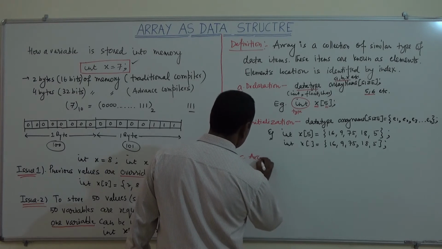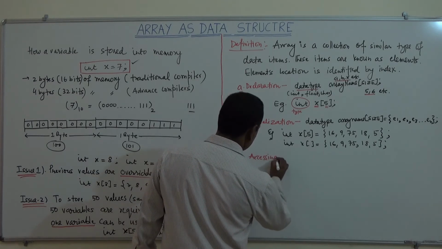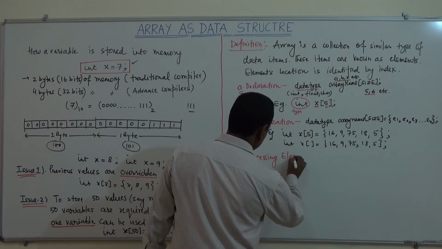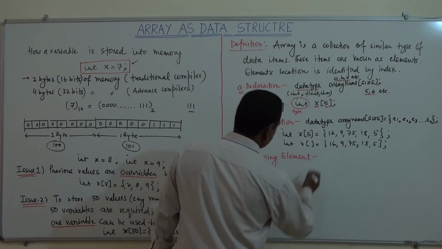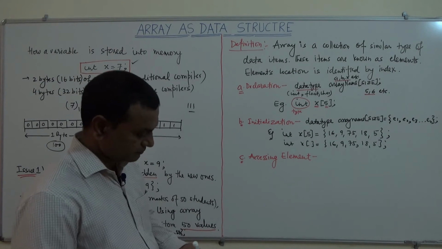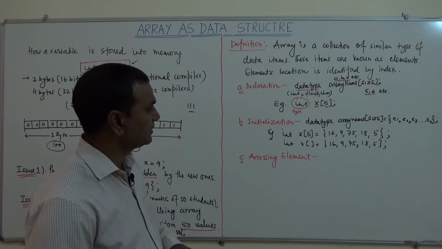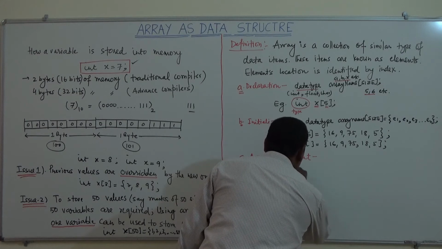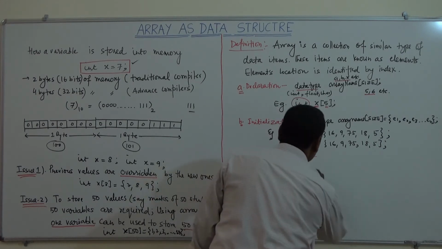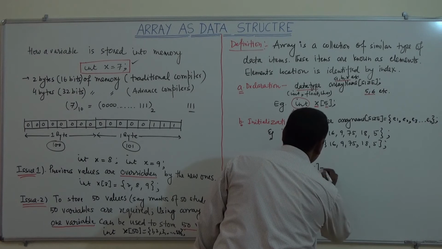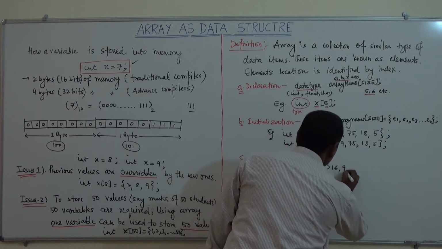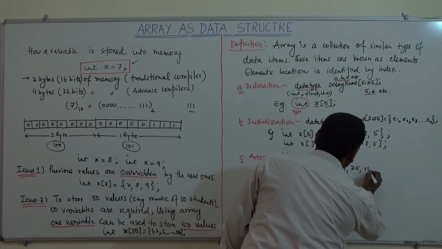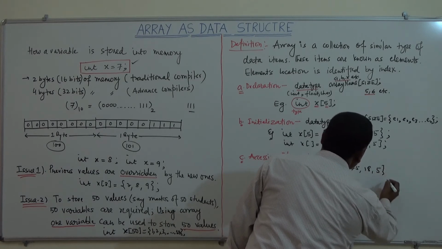Accessing element. So we can say, suppose this is any array x[5], 16, 9, 75, 18, 5.